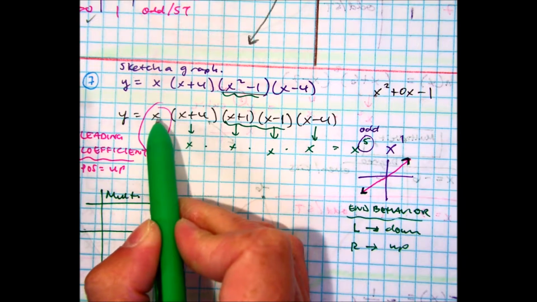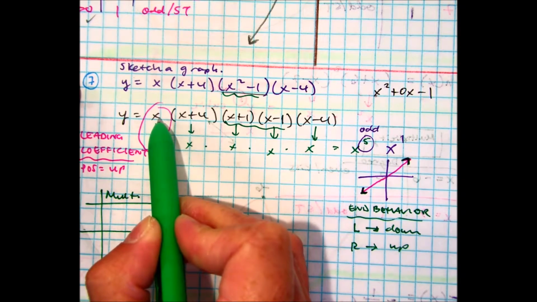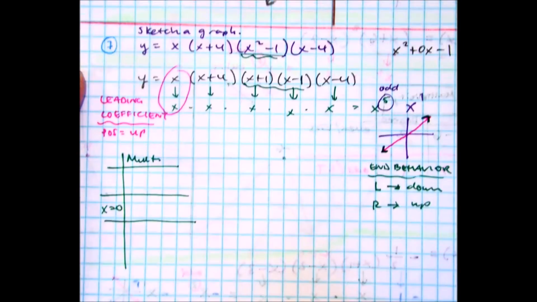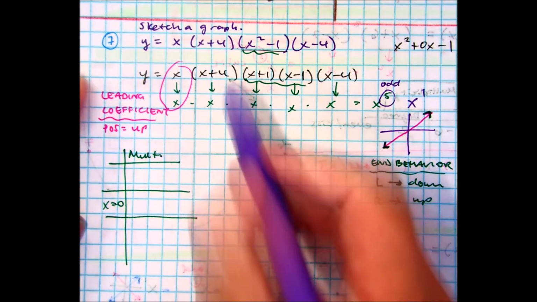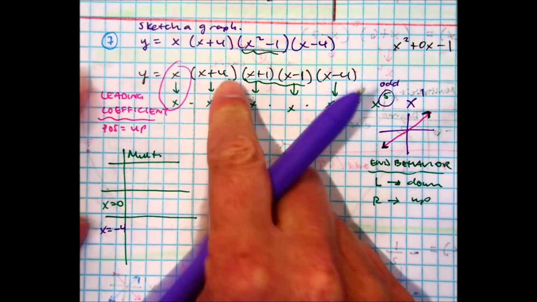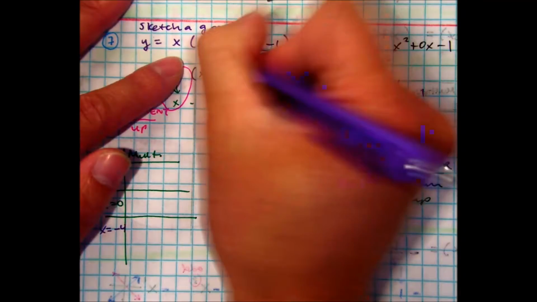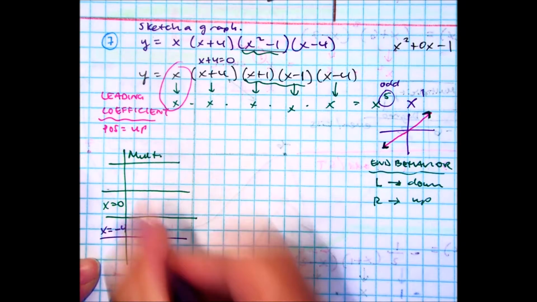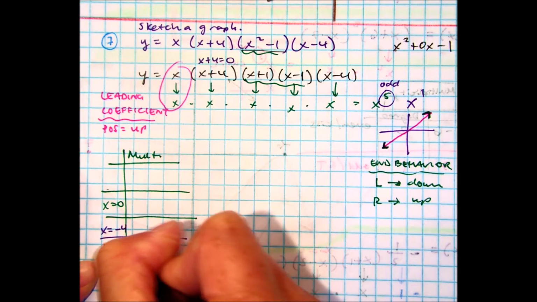Over here, class, if I use the zero product rule, x is equal to 0. It's one of them. Over here, x is equal to negative 4. Remember, pay attention. It's not just the value there, because you have to set that equal to 0, right? Class, this one is x equals negative 1.